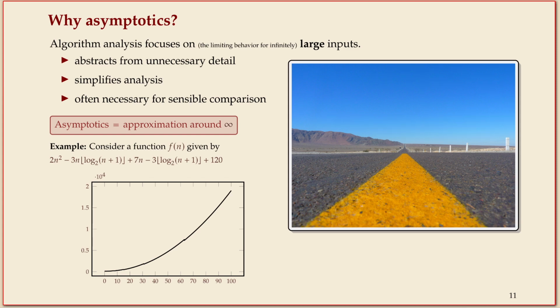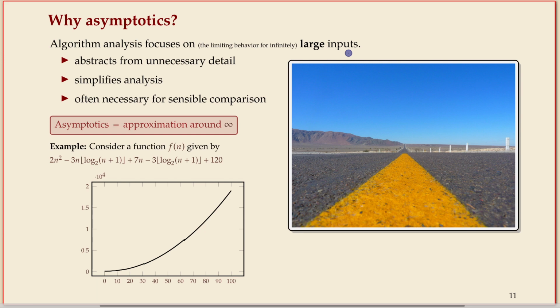I want to motivate a little bit why people use asymptotics before we dive into this. I'm not sure if that's very obvious to anyone. The key thing why we use asymptotics is because the analysis of algorithms focuses on large inputs.